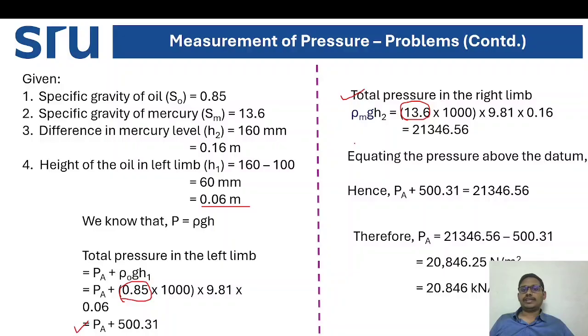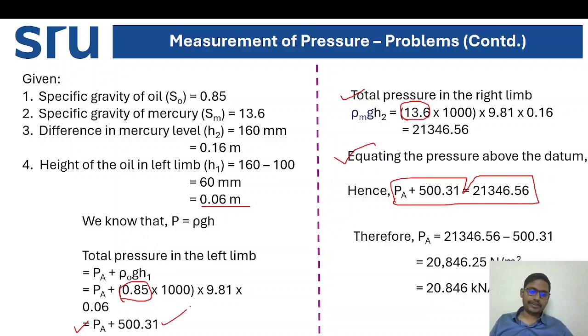Equating the pressure above the datum, PA plus 500.31 is equal to 21346.56. Therefore, the pressure at A is equal to 20,846, that is 20.846 kilonewton per meter square.